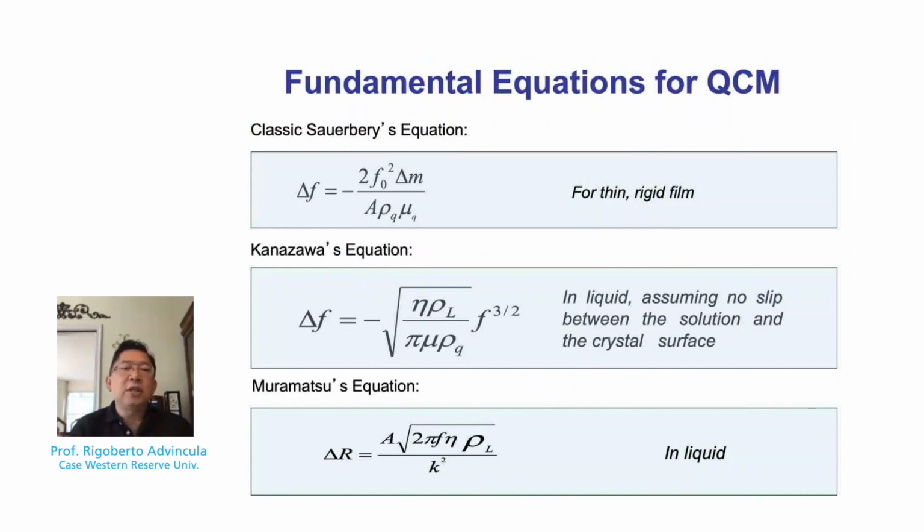Now, shown in this equation is the classic Sauerbrey equation that I described earlier. However, an equation made famous by Dr. Kanazawa relates to the application of the Sauerbrey equation with a correction, assuming that you have a viscous liquid interfacing with the crystal. Actually, another form of this equation, Muramatsu's equation, again relates to this correction.